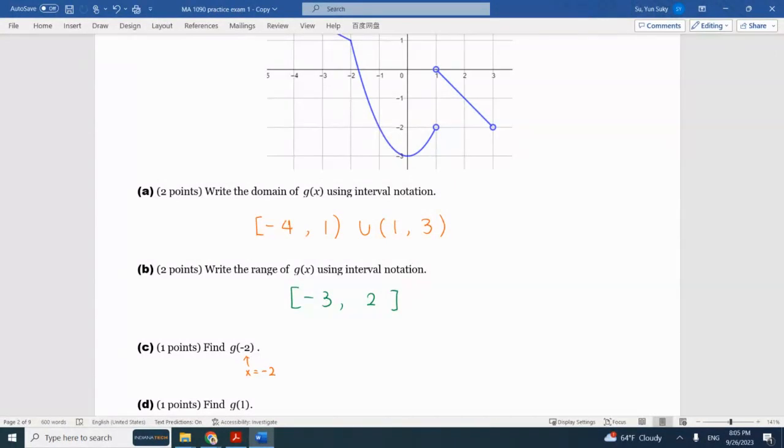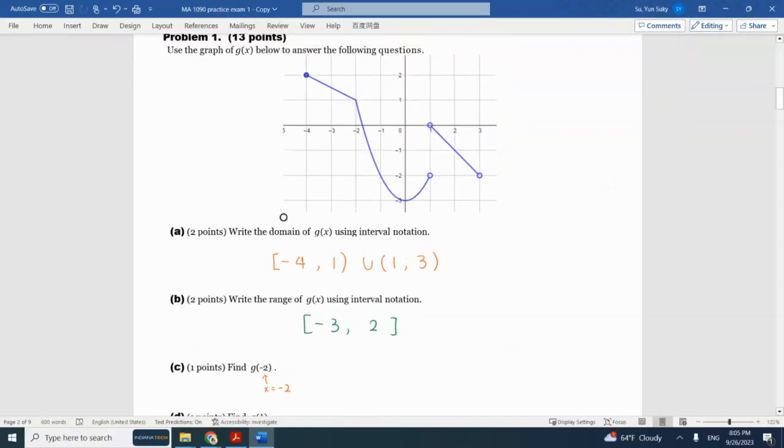So you find x is -2, and then you find on the graph what is the y. Look at the picture, x is -2. So on the x-axis, you find -2, and then you look at the point on the graph. Do you see the y coordinate is 1? So g of -2 equals 1.